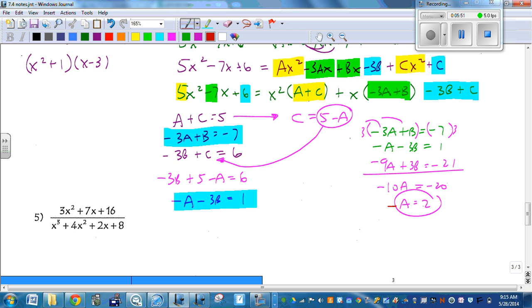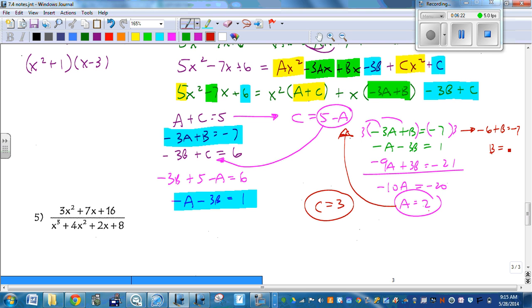Well, we can figure out c pretty easily. c is 5 minus a, so that means c is going to be 3. And then to find b, we can plug either of these into one of these other equations. So let's go ahead and use this one. If we put 2 in for a, we get negative 6 plus b equals negative 7.